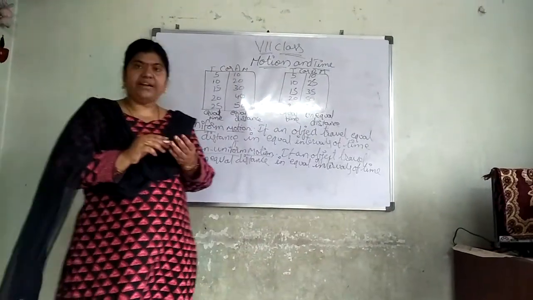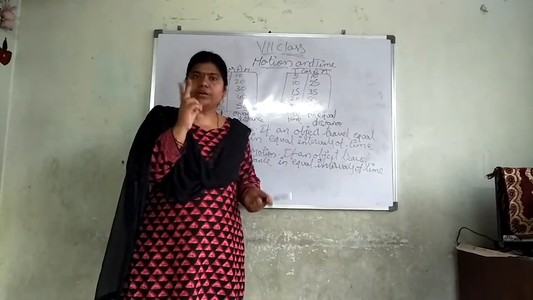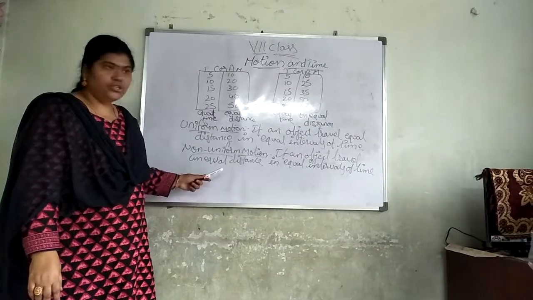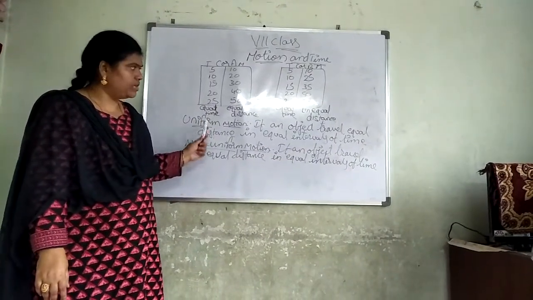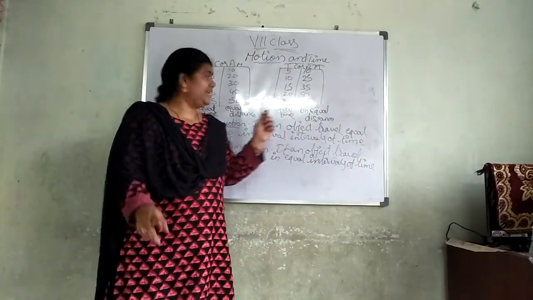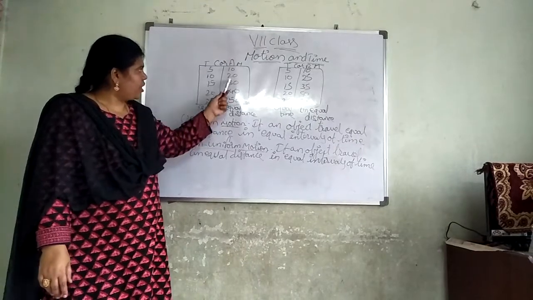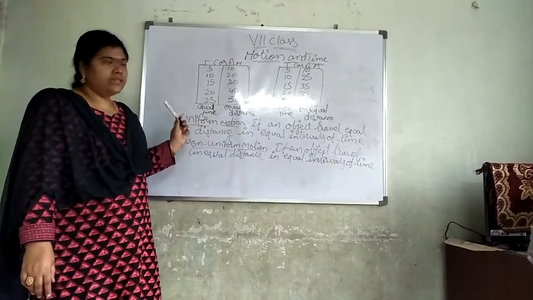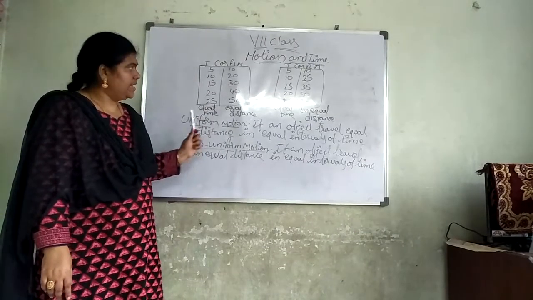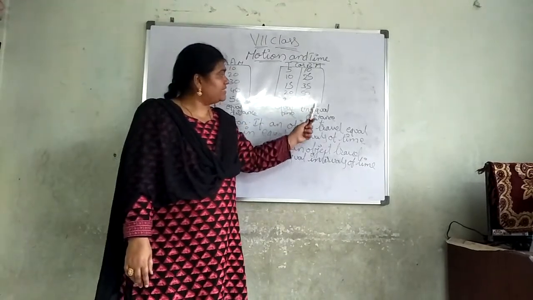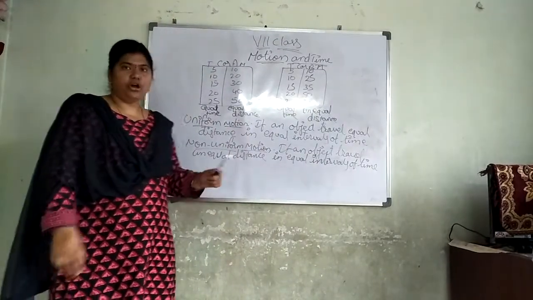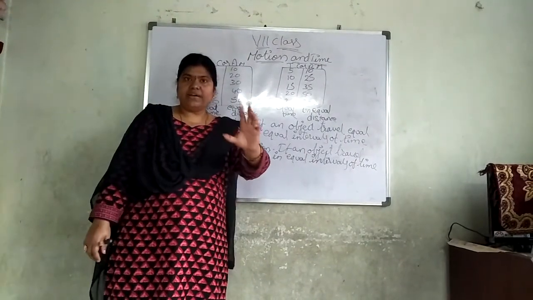We are having 7 types of motions. In that, today we are talking about 2 types: one is uniform motion and the other is non-uniform motion. In uniform motion, if an object travels equal distance in equal intervals of time, that is called uniform motion. If an object travels unequal distance in equal intervals of time, it is called non-uniform motion.